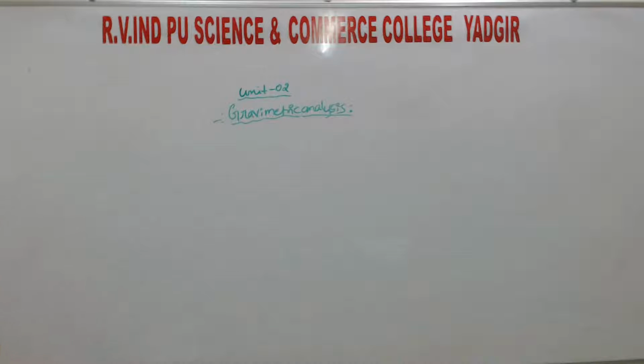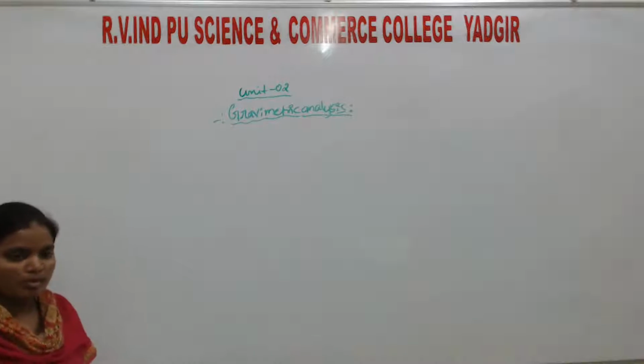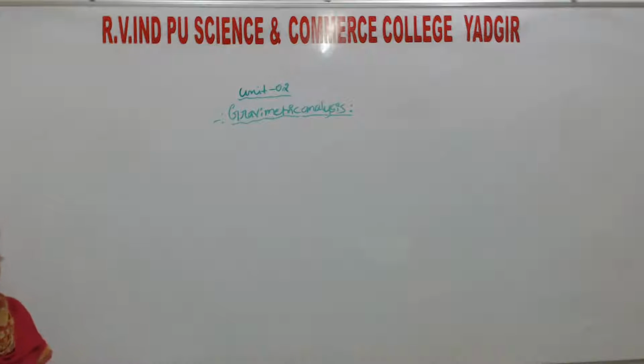Here we covered what is meant by gravimetric analysis, qualitative and quantitative analysis, and weight methods. There are two types of weight method: one is the original sample weight, and the other is the final weight of the precipitate, which contains the sample constituent being determined.